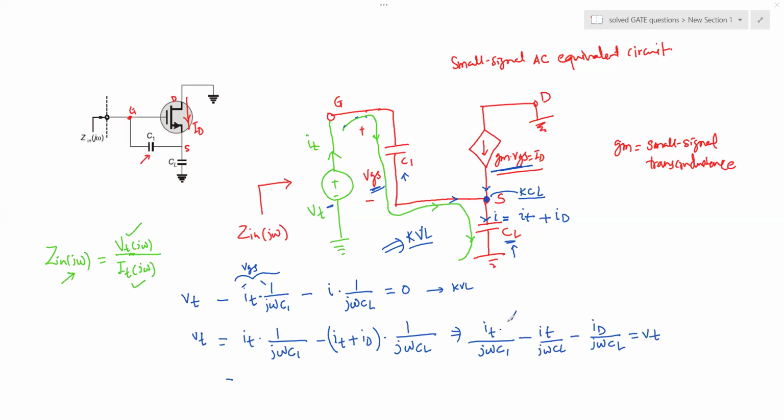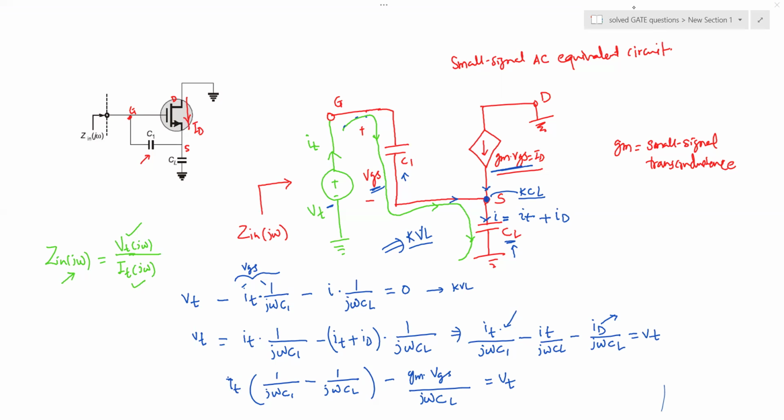Now the IT can be taken common here, so it would be IT in bracket 1 over j omega C1 minus 1 over j omega CL, minus, now you see that ID is basically GM times VGS. So we can write here GM times VGS divided by j omega CL is equal to VT.